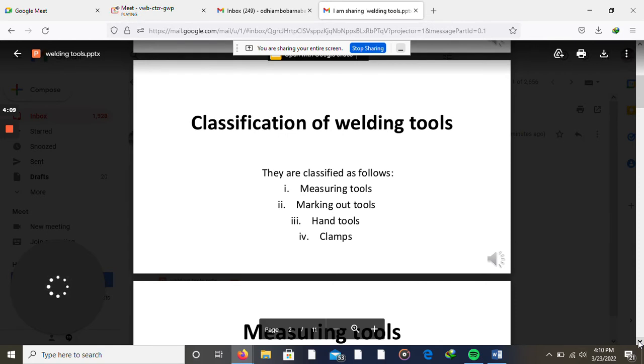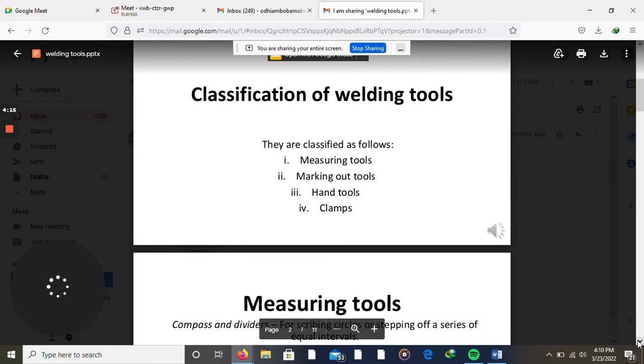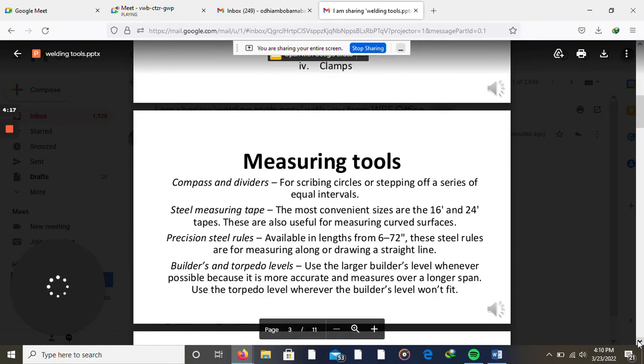Videlis, can you hear me? Okay, thank you. So let us look at measuring tools. Dennis, can you read me the first measuring tool that is being displayed on the screen?